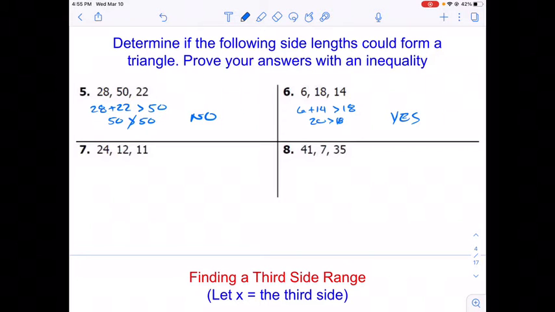Next one, we take 12 plus 11, see if this is greater than 24. 23 is not greater, so this one is no. And then we have 7 plus 35, which is 42. We see if it's greater than 41. Yes, 42 is greater than 41, so the answer is yes. All right, so we got no, yes, no, yes.